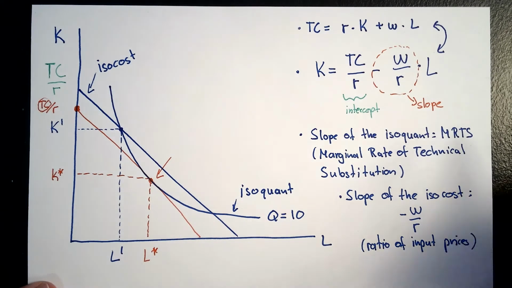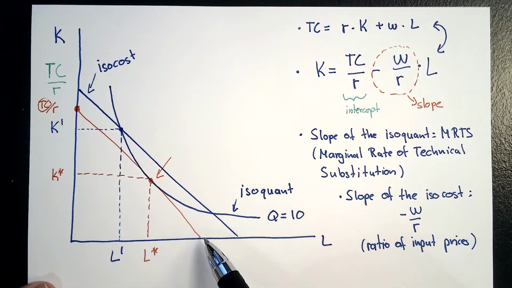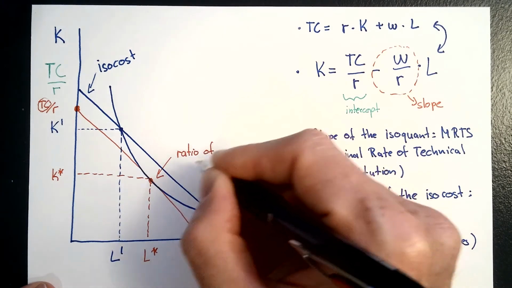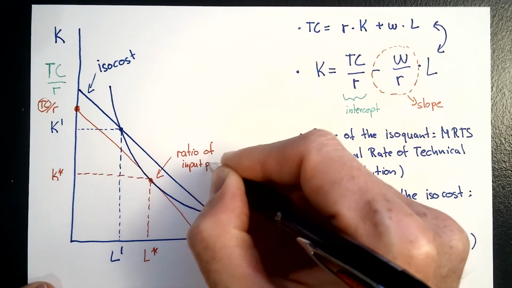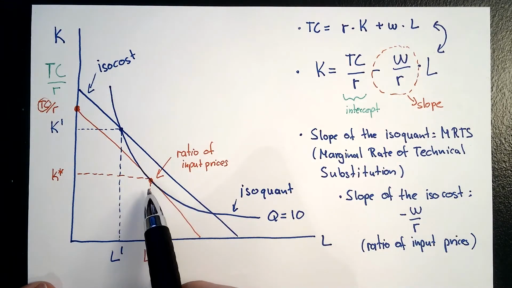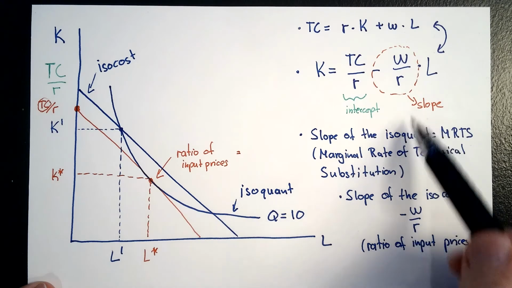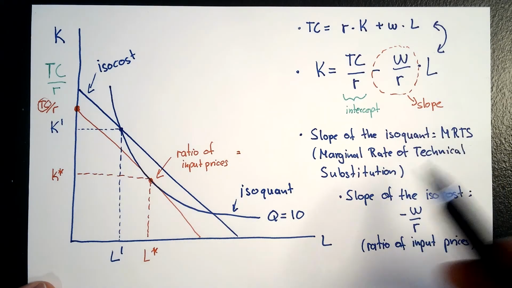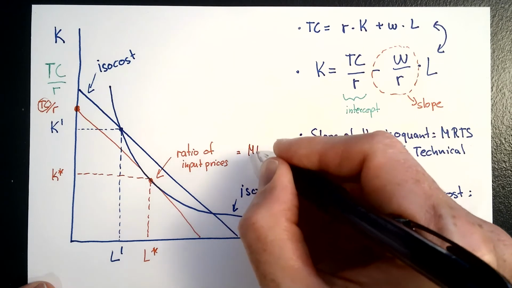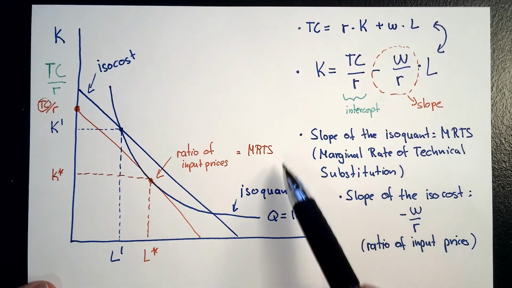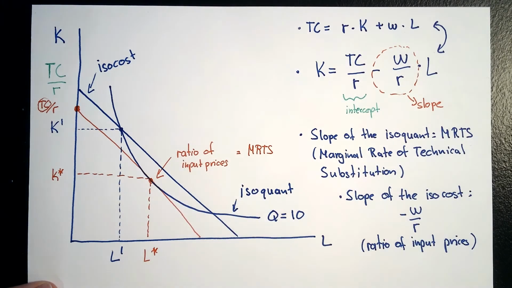You will see that since the slope of the isocost is the ratio of the input prices, so we have the ratio of input prices, and since it is tangent, it means that the slope is equivalent to the marginal rate of technical substitution of the isoquant, and hence the optimal combination of inputs for the firm is where the marginal rate of technical substitution is equal to the ratio of the input prices.